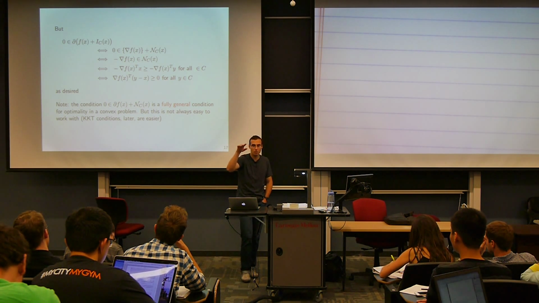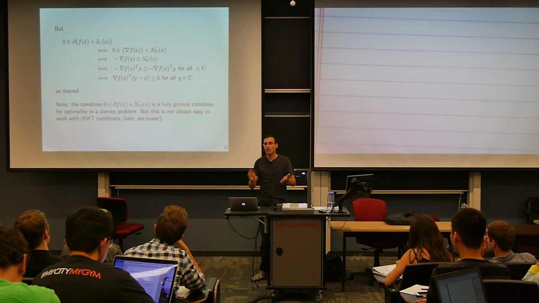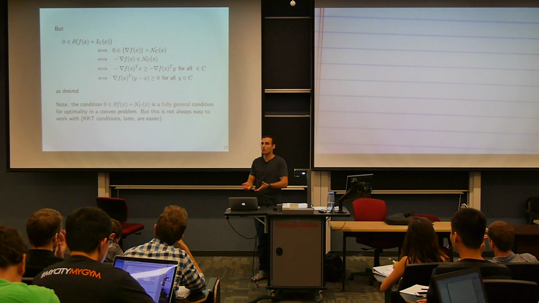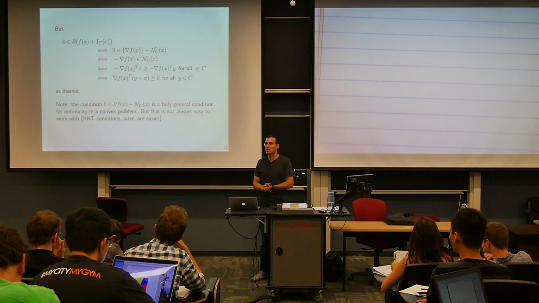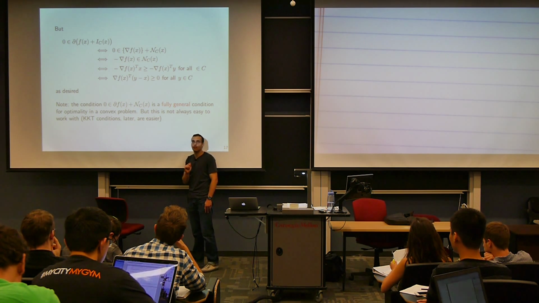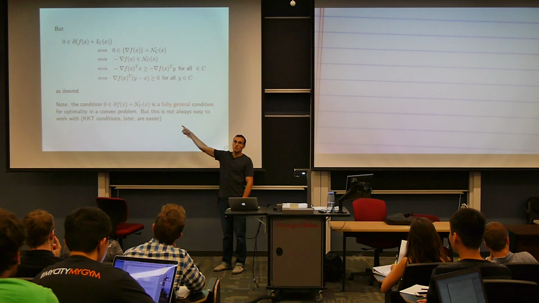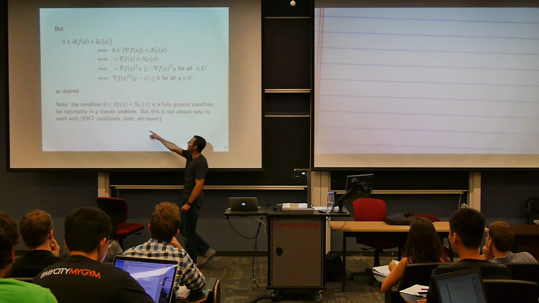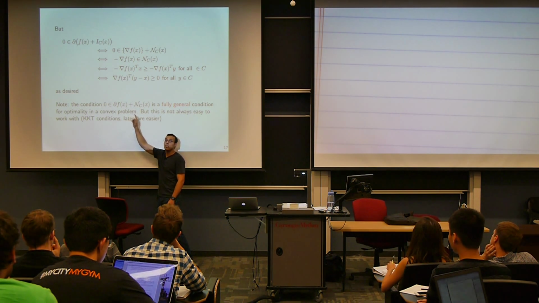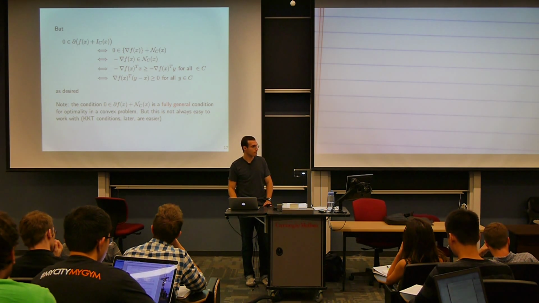I can capture in that constraint set any number of constraints that I want, like g_i of x less than or equal to 0 for all i, and equality constraints, etc. So this is a fully general condition for optimality in a convex problem. That's not always easy to work with, so later in the course we're going to see the KKT conditions, which are essentially this condition, but in a different form that makes it easier to work with.